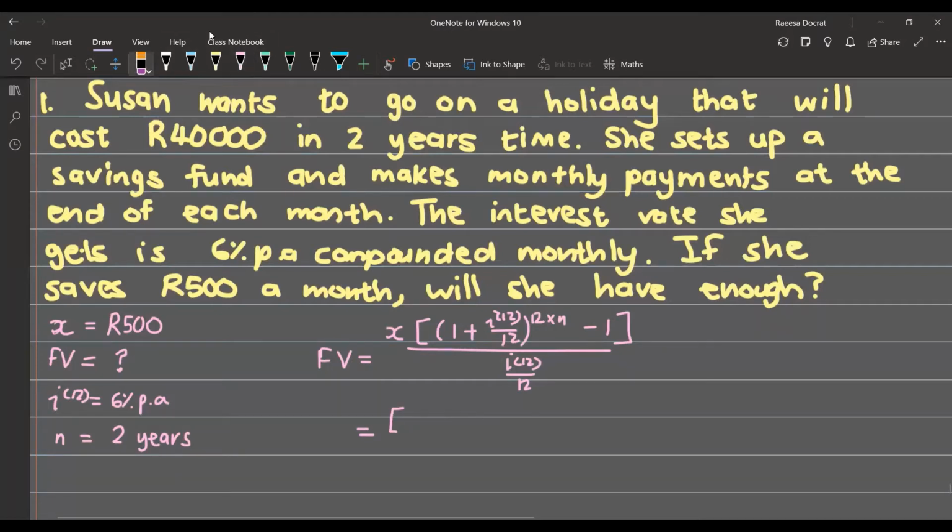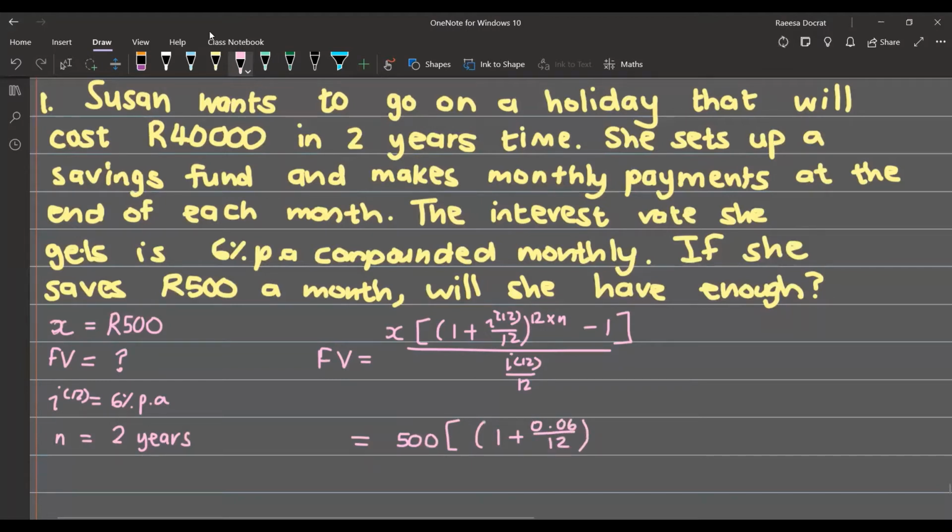So then let's substitute our values. Our X is 500, our monthly payment is 500, and we have 1 plus, remember the interest rate is entered as a decimal or a fraction of 100.